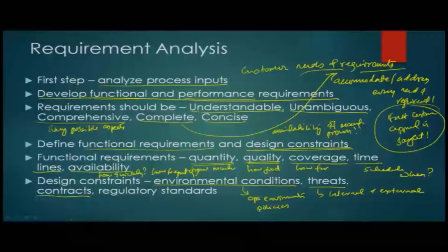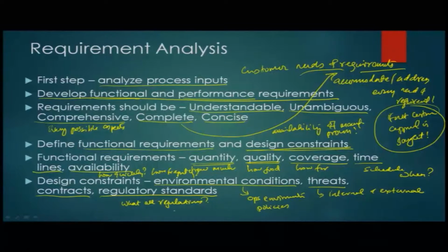Contracts: how to define and make the contracts, whether sufficient people are available to make the contract, what should be written in the contract and what should not be written in the contract. And then there are regulatory standards, like what all regulations apply. For example, when you do an unmanned aerial vehicle, UAV, design, you need to look into what the standards are; in India it is DGCA or FAA regulation standards.